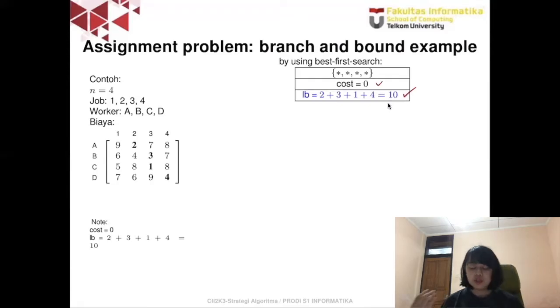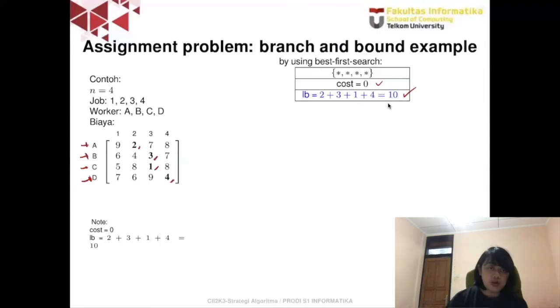So cost is the cost we have already determined up to this point, and LB stands for lower bound, and the lower bound for this point will be 10, because we cannot pay worker A less than 2, let's say dollars, and for worker B we cannot pay less than 3 because there's no job that has a fee less than 3, and for worker C the lowest fee we can give is 1, and for worker D the lowest fee we can give is 4.